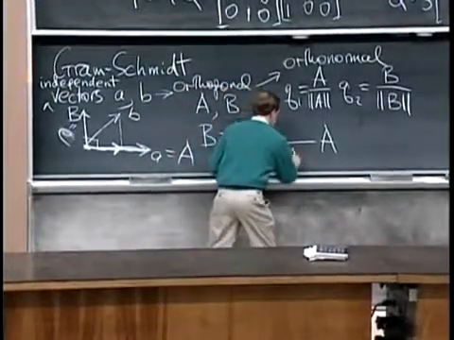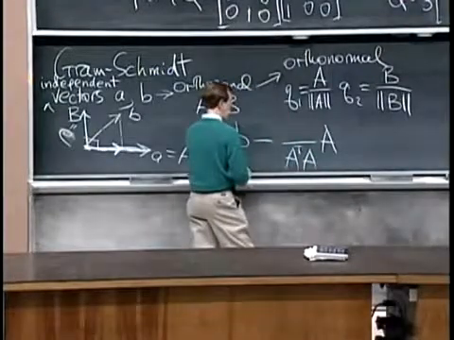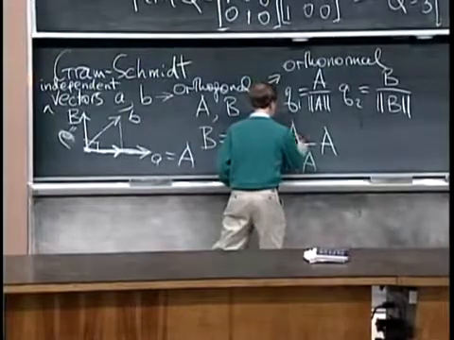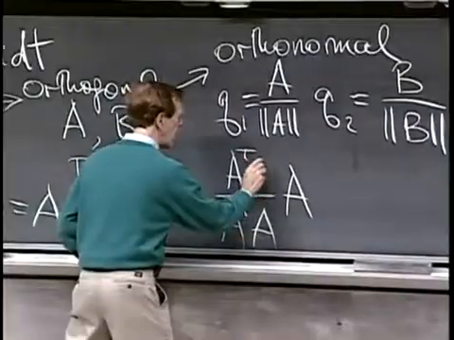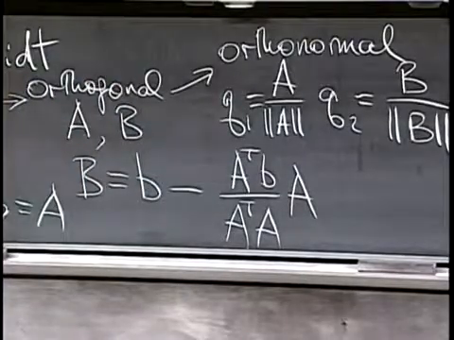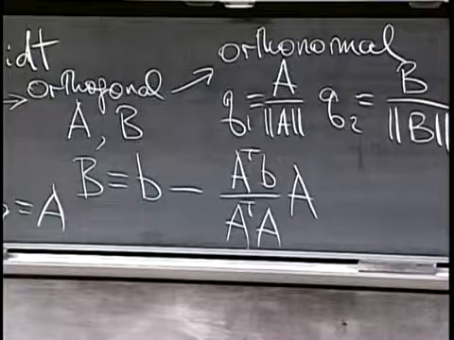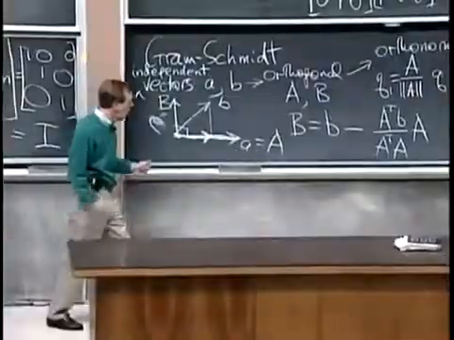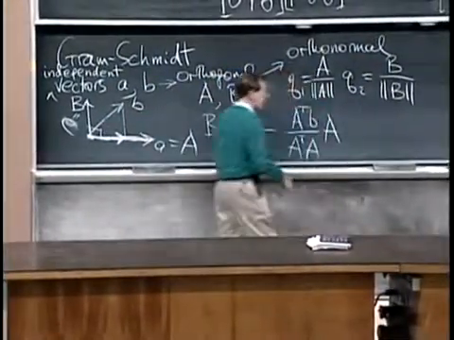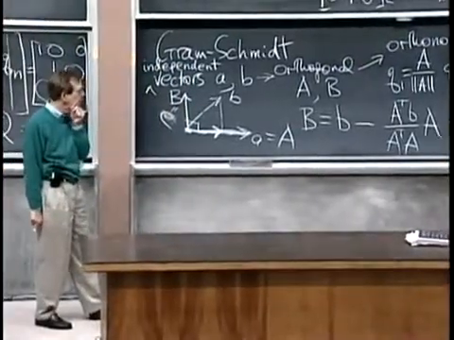There's an A transpose A in the bottom, and there's an A transpose B. Isn't that it? I think that's Graham's formula. Schmidt has got to divide the whole thing by the length, so his formula makes a mess which I'm not willing to write down.